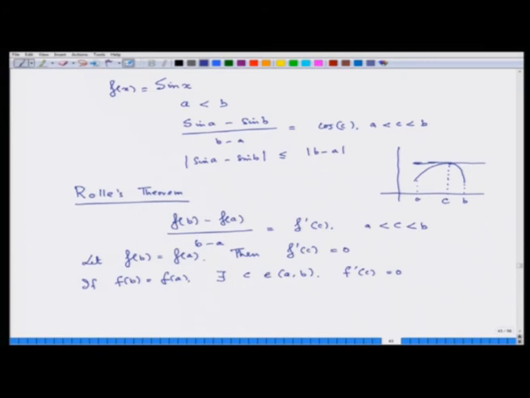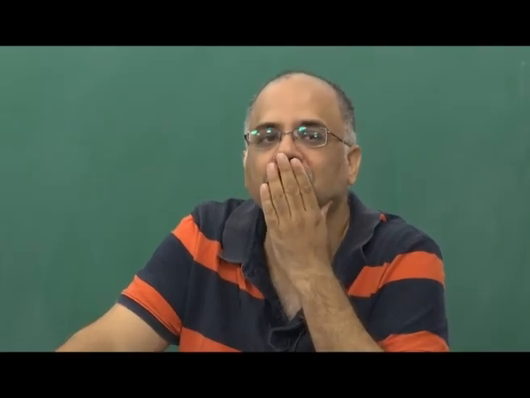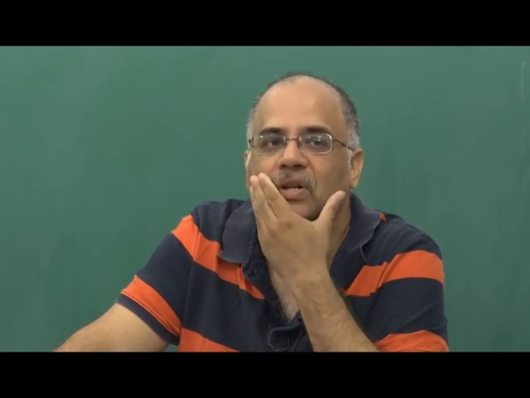There are more things you can talk about. Now I will tell you something interesting. Suppose f'(x) is 0 throughout the interval a to b, then what is going to happen?